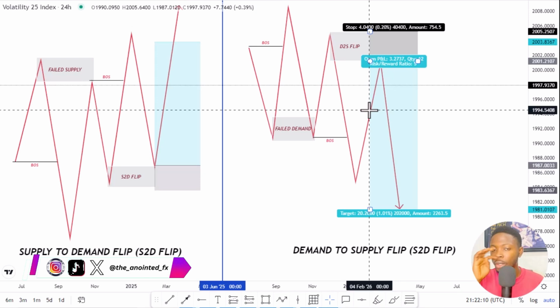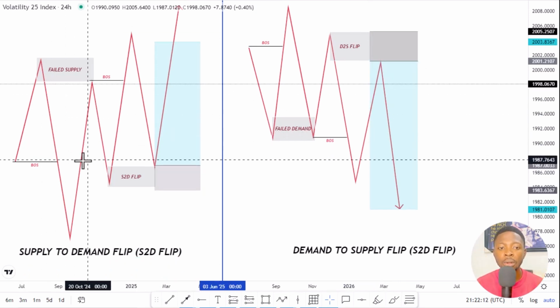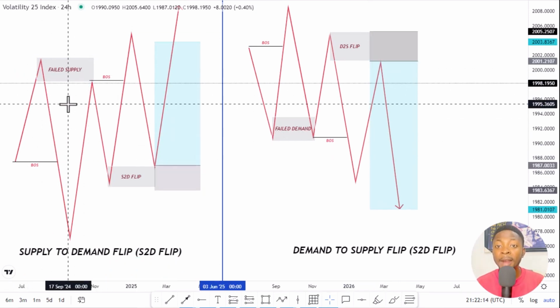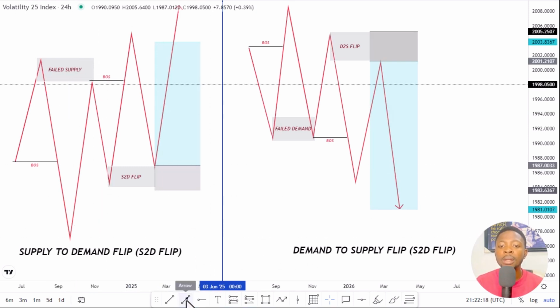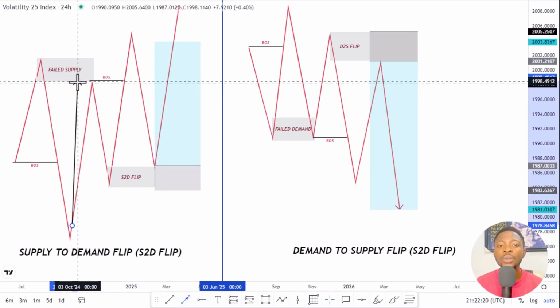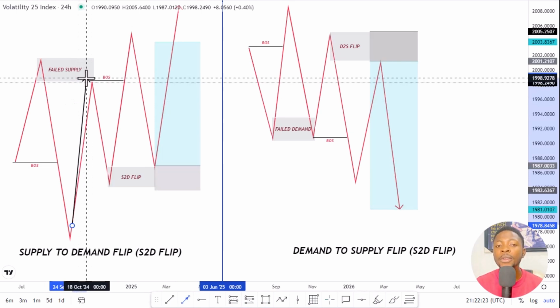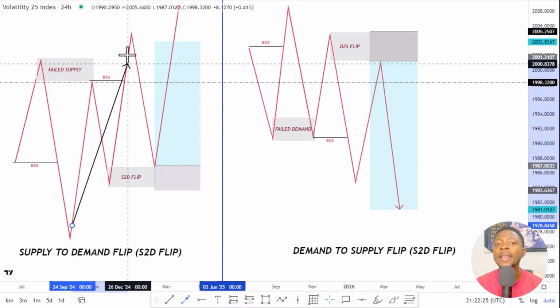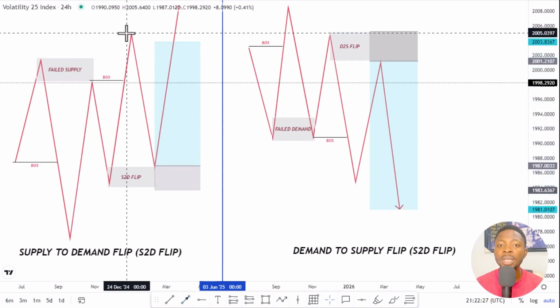So you want to see a valid supply, and you want to wait for price to retrace or correct back into that supply, give you a proper reaction, then a failure. Don't forget that we said the flip zone is the interaction or exchange between the supply and the demand.